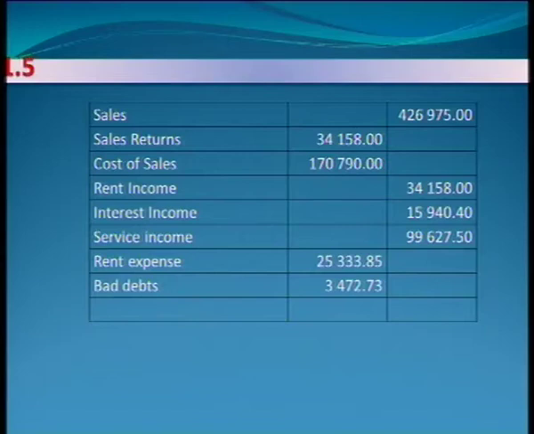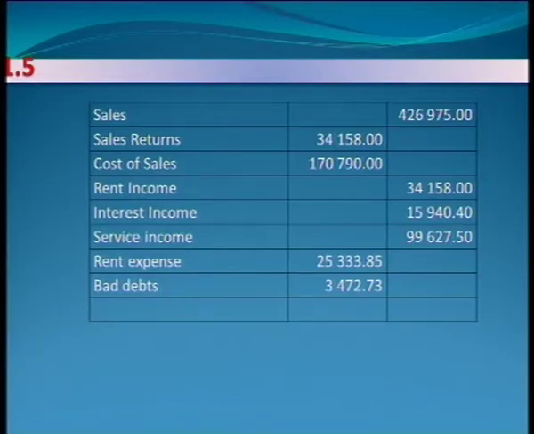It's made up of $34,158. Your interest income that we probably receive from the bank on our fixed deposits or on our bank accounts, that's $15,940.